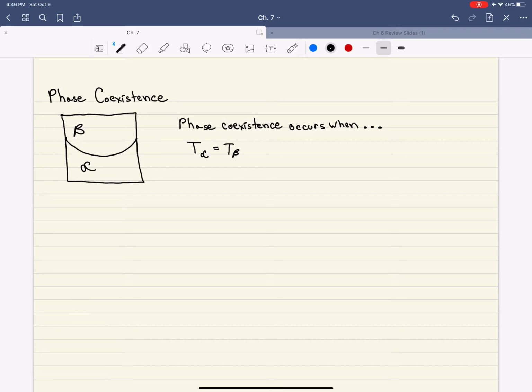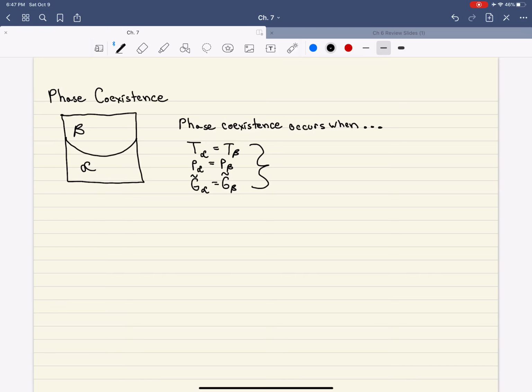Then by minimizing the Helmholtz energy with respect to volume, we found that the system pressures also need to be the same, P alpha equals P beta. And by minimizing the Helmholtz energy with respect to N alpha, we found that the molar Gibbs energies also need to be the same, G alpha equals G beta.